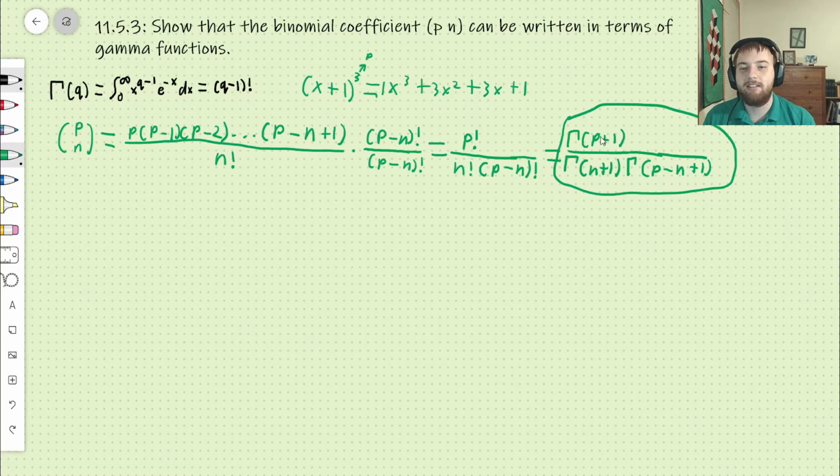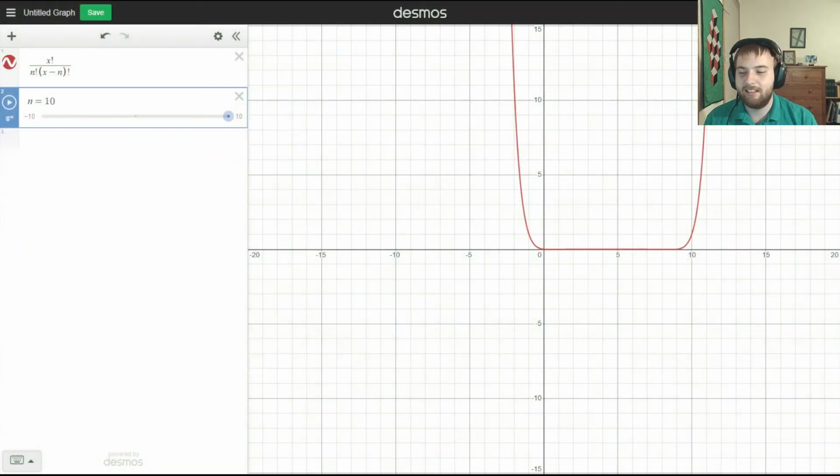It's just a matter of some peculiarities with negative numbers. So since we're defining the binomial coefficient by gamma functions now, we can use it for things that are not integer values. And you all know I love visualizing things, so let's take a look at that.